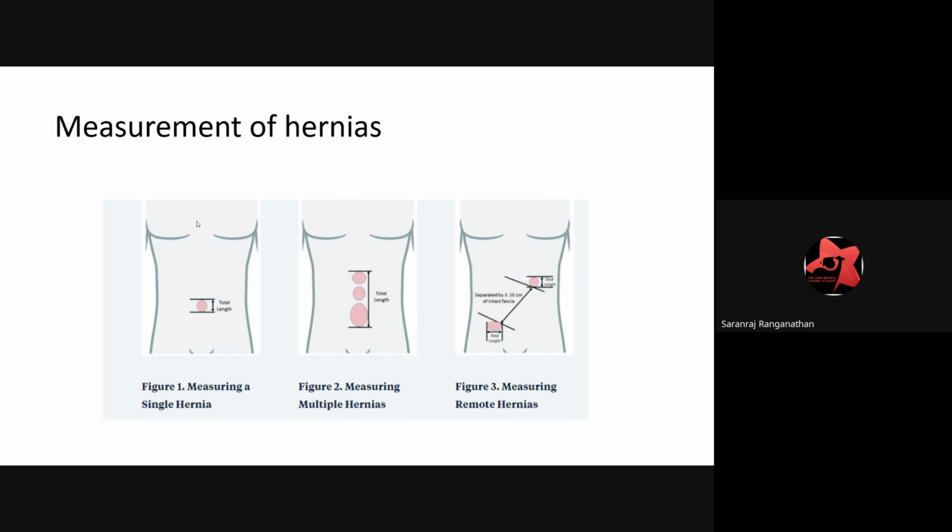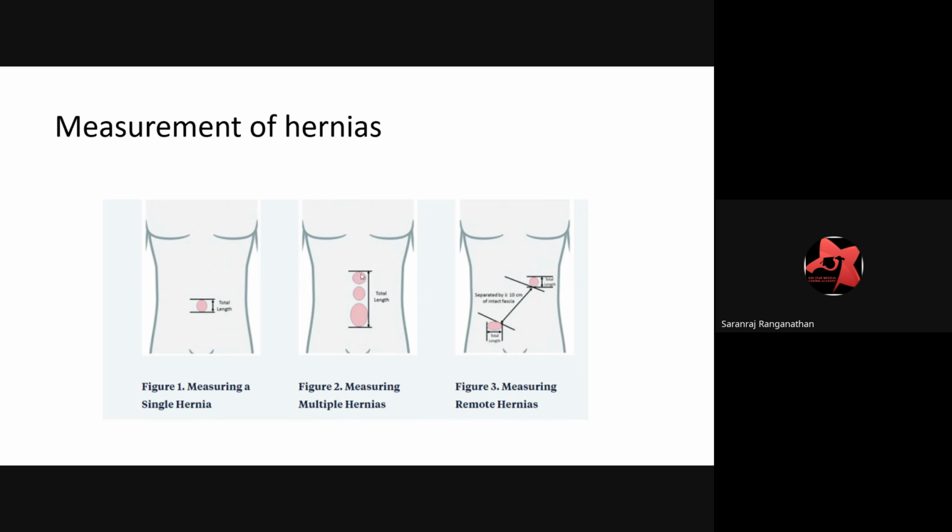If multiple hernias are there, and while removing them the distance from one hernia to another is less than 10 centimeters, we have to add that to the total length.